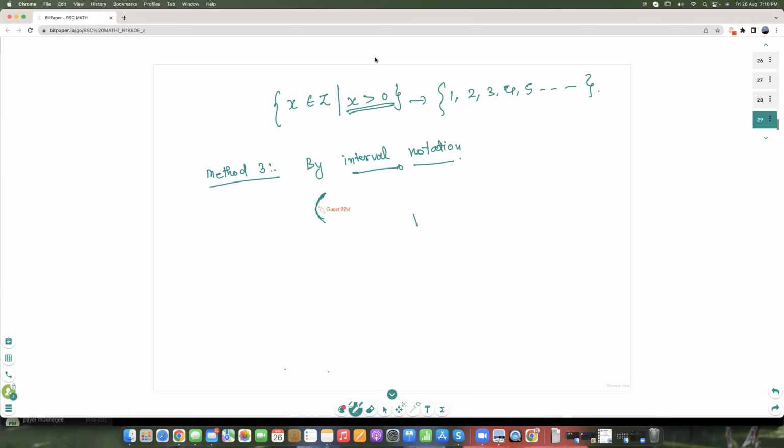One bracket is like this, and it means not included. We also call this open bracket or open interval.